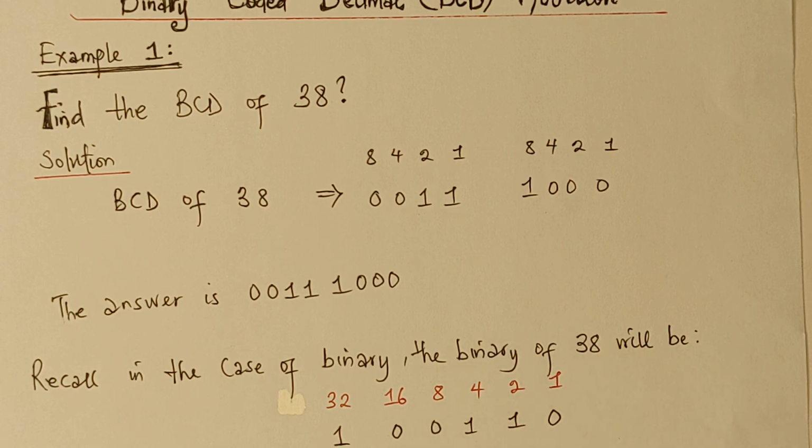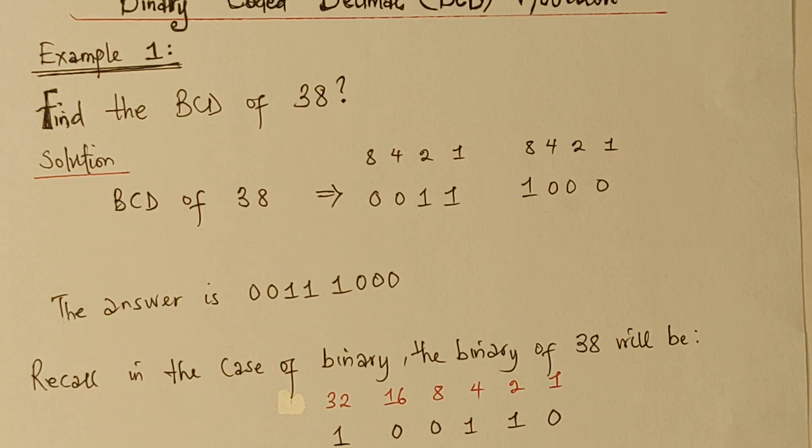Now, if we are to consider the binary of 38, the answer will be 100110. Now, don't be confused when we talk about BCD of 38 and binary of 38. So to conclude with this, I would like to tell you that the BCD of 38 is 00111000, whereas the binary of 38 is 100110. Please do not confuse this whenever you are asked a question like this.